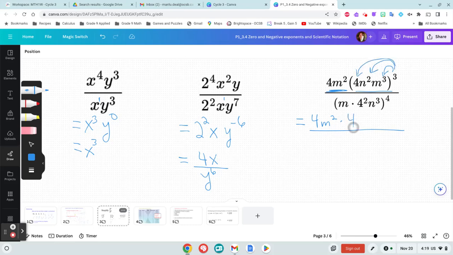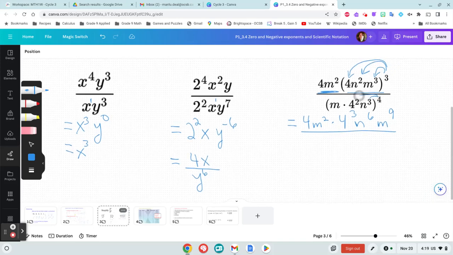So I'm going to have 4 to the power of 3, n to the power of 6, m to the power of 9. And then on the bottom, that 4 is going to impact all three terms. So I'm going to get m to the 4, 4 to the 8, and n to the 12.